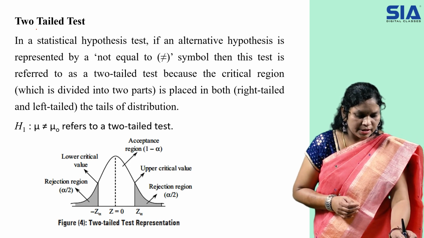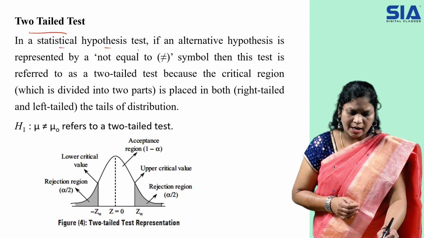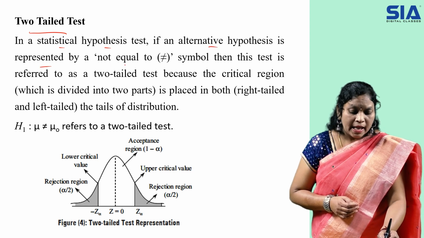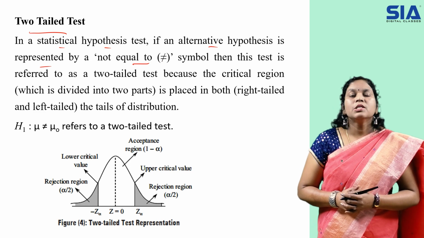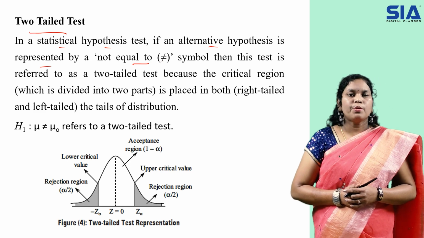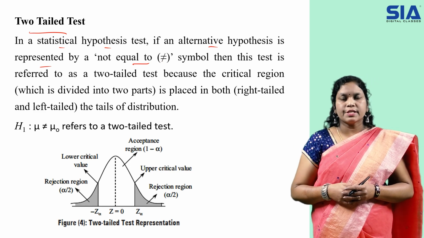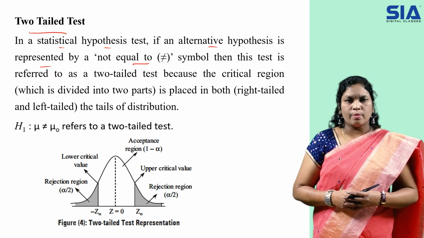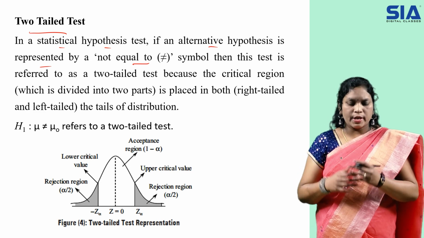Two tail test. In a statistical hypothesis test, if the alternative hypothesis is represented by the not equal to symbol, previously we discussed greater than and less than, right? Now if the not equal to symbol appears in the alternative hypothesis, that goes to a two tail test.